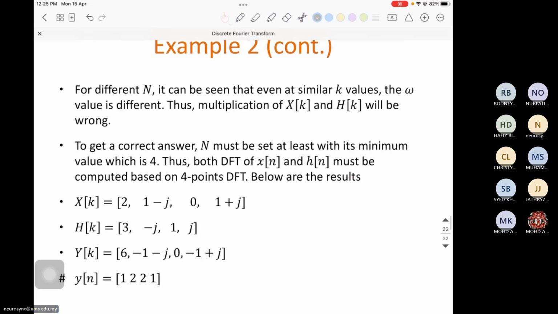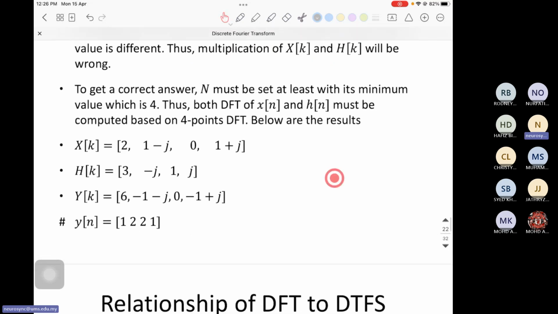So n must be set at least to its minimum value, which is 4, and both the DFT of x of n and h of n must be computed based on the 4-point DFT. Okay, and if you do the computation for this, you will get a result like this.